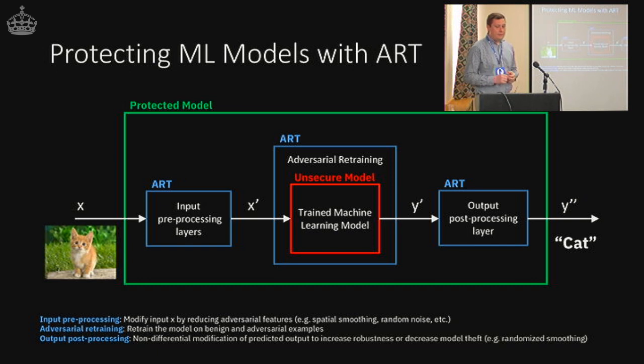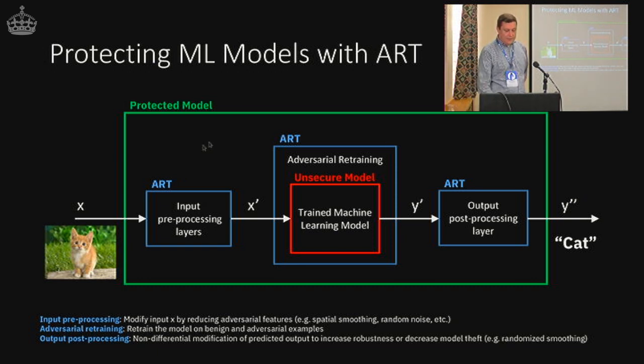Now, ART is not just about attacking models, it's also about protecting machine learning models. So ART provides different measures to protect your model. You have your conventionally trained unsecure model here in the red box that tries to classify images into labels. The three main steps to protect your model are, first, adversarially retraining it, which is very effective for neural networks.